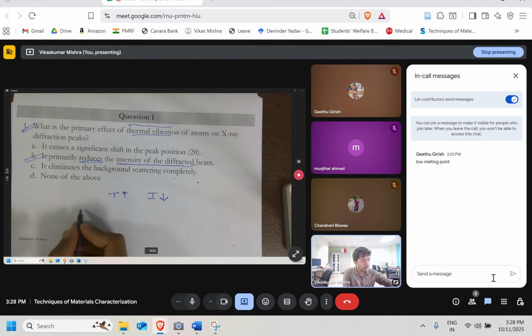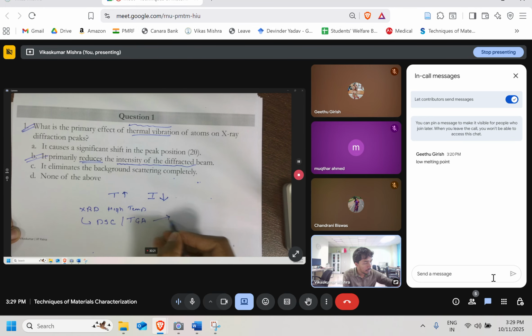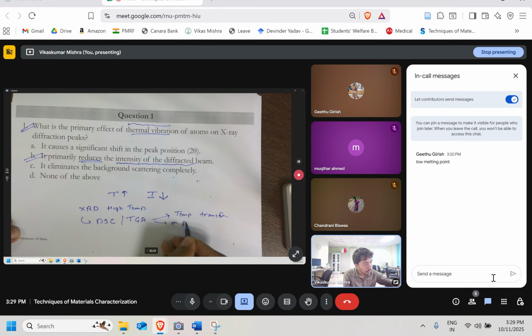So before you do XRD, wherever you are going to do high-temperature XRD, they will ask you for the DSC and TGA data, so that they know at what temperature things are going to happen, like whether there's some transformation or maybe the melting point.